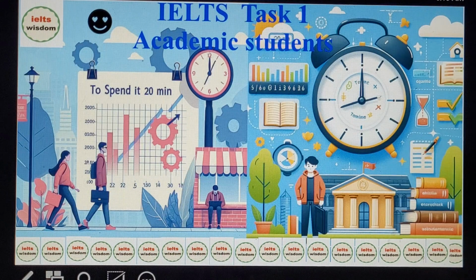Now, today's video is, as I mentioned, basically for the academic students, on how to spend 20 minutes on task 1, because usually the feedback I get from my students is that they go over time on this task, which is not good. If you spend more time on task 1, then you have less time for your task 2. In task 2 you need to write 250 words, right?